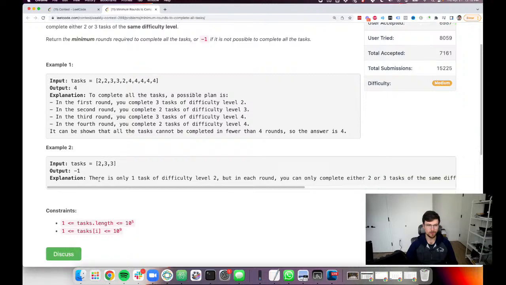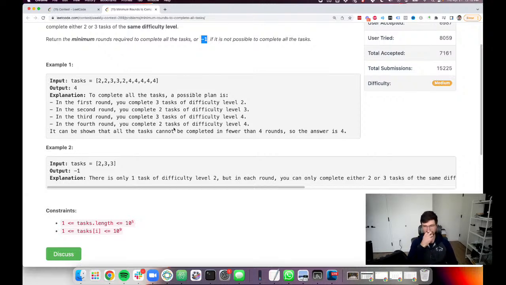In this case, we're only given 1 task of difficulty 2, and so we can't complete it because we are not going to have enough tasks of difficulty 2, and we have to complete 2 of them in a round, right? So essentially, where we're going to run into issues here, and where this is going to be -1, is if we have exactly 1 of any task.